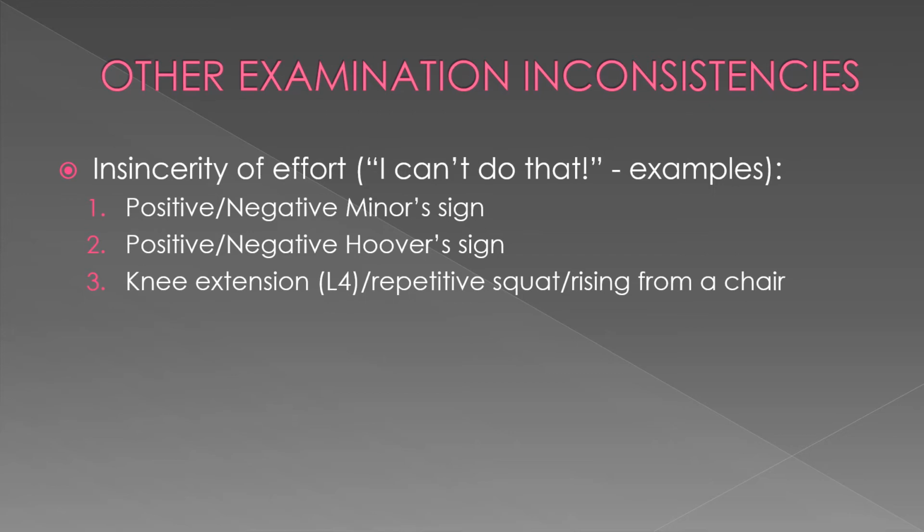If they're truly unable to perform that maneuver by using specific joints, specific muscles, specific nerves, then that should be a repeatable and reproducible finding. If the examinee is later demonstrated to be actually able to perform that specific motion, to use those specific muscles, etc., that would be considered an inconsistency finding due to insincerity of effort.